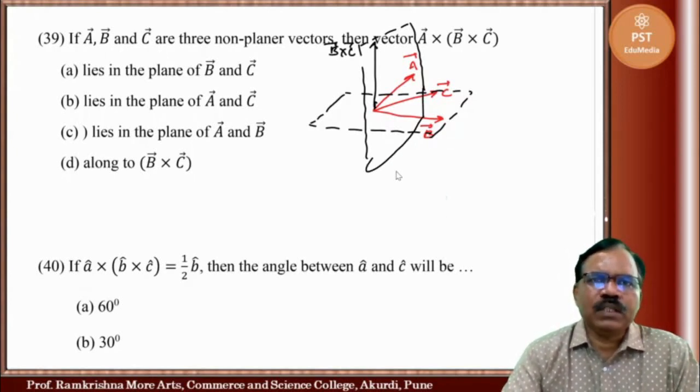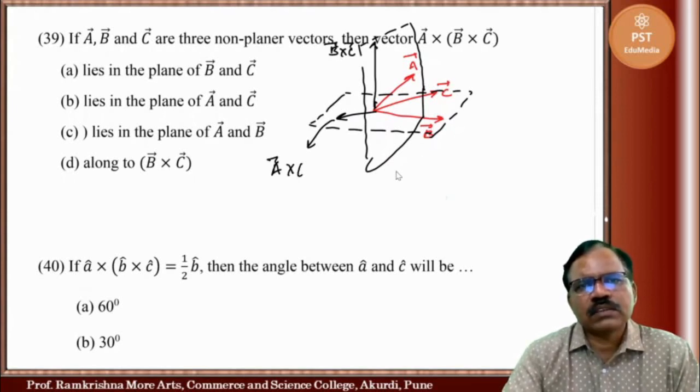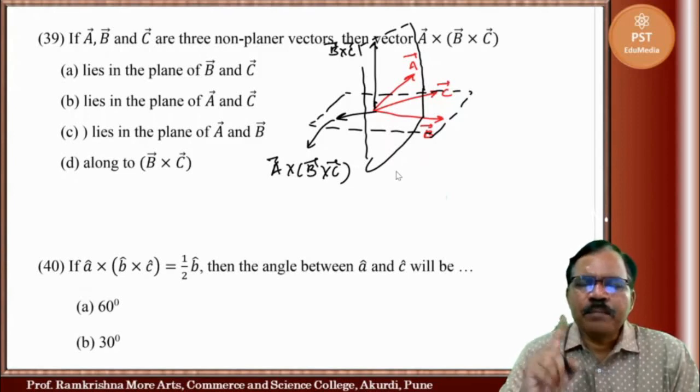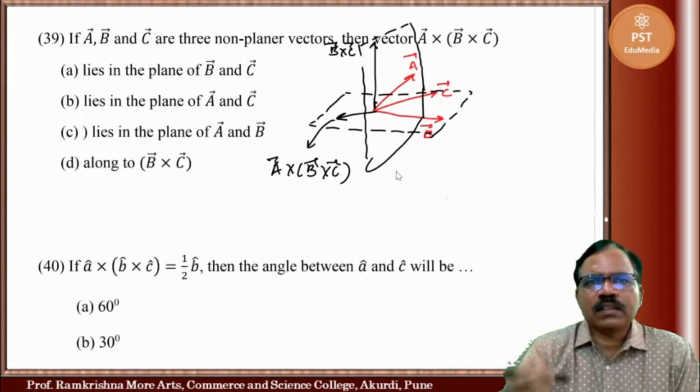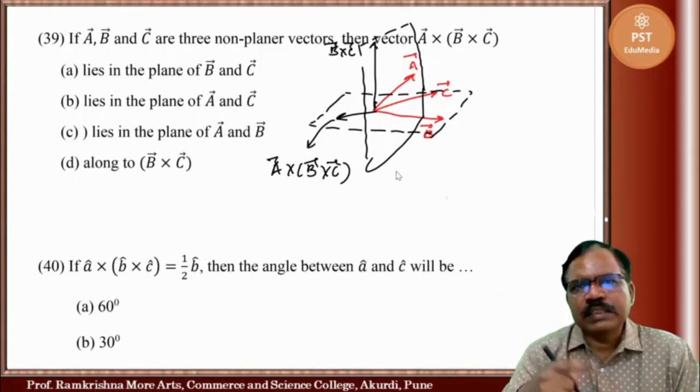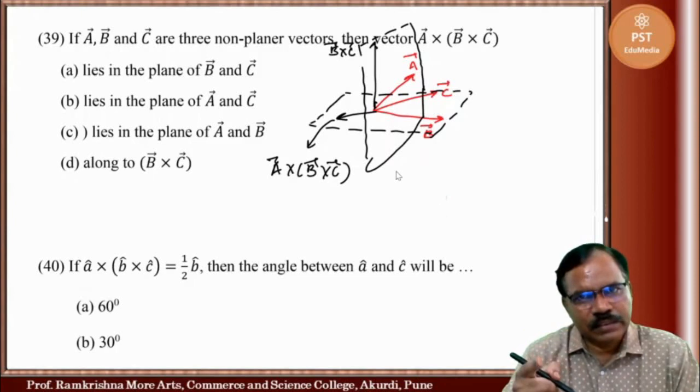So a cross b cross c will be perpendicular to this plane. Here this vector is a cross b cross c, and b cross c is perpendicular to the plane containing b and c. Now we will consider another plane which contains a and b cross c.